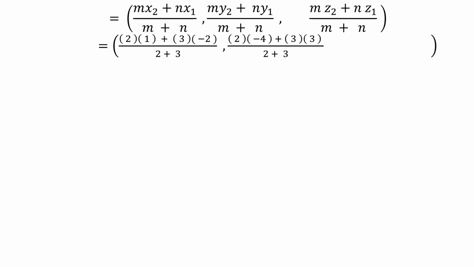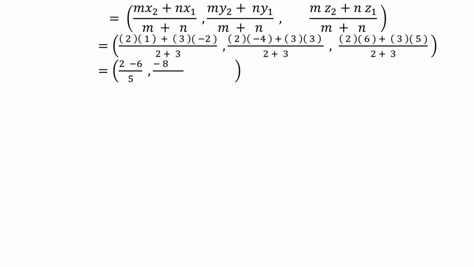Observe this step, my dear children, carefully. m, n, x1, y1, z1, x2, y2, z2, all the values are substituted in this step. Understood this step, my dear children? After substituting the values in this step, we simplify the numbers. Okay, my dear children? Right.